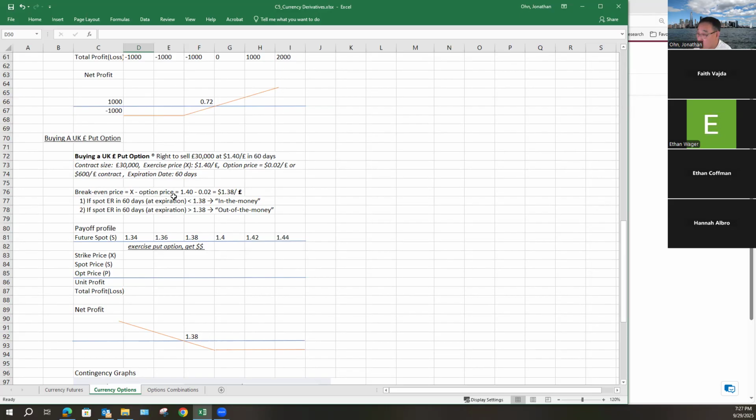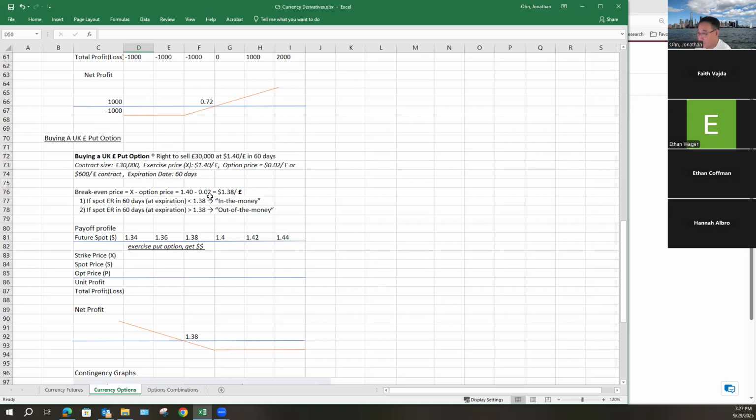But when you sell it, you get $1.40, right? So it is your sales revenue minus your cost. So you have to subtract in this case. Okay, got it, right?